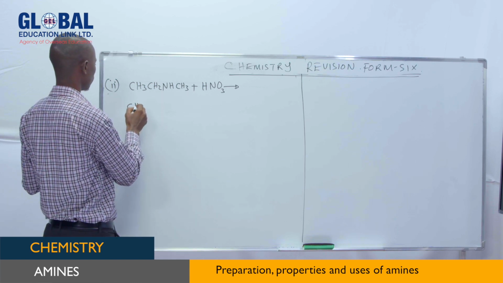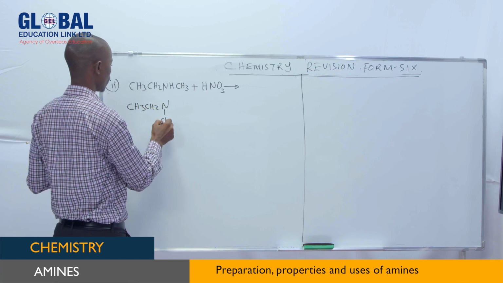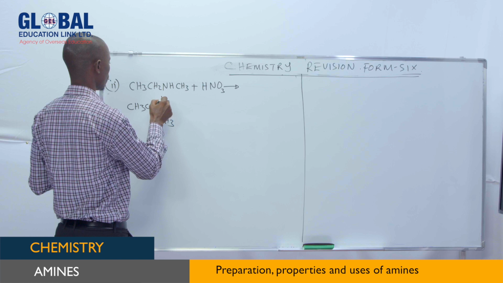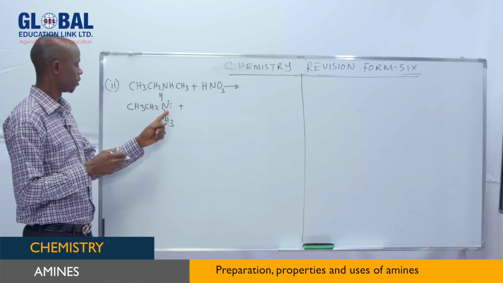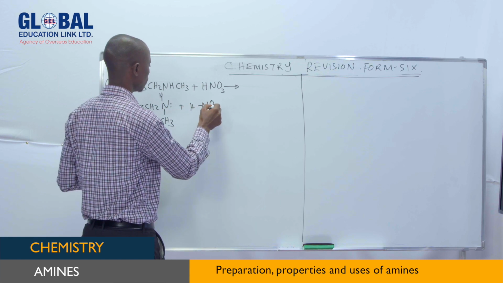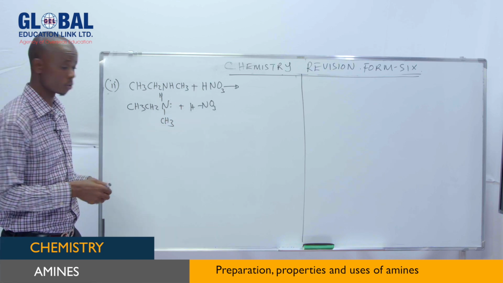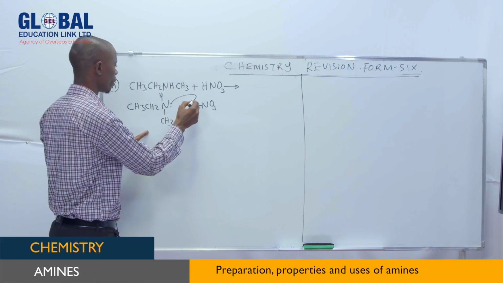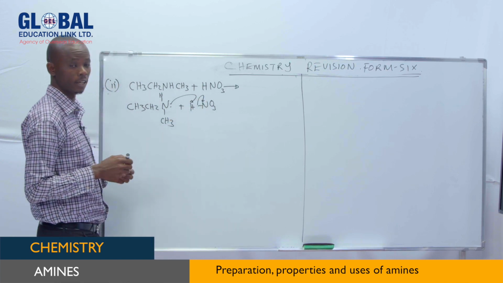Here, there is a lone pair on the nitrogen atom. And this nitric acid releases a proton. So this lone pair will attack this proton, and the electrons automatically move to this.